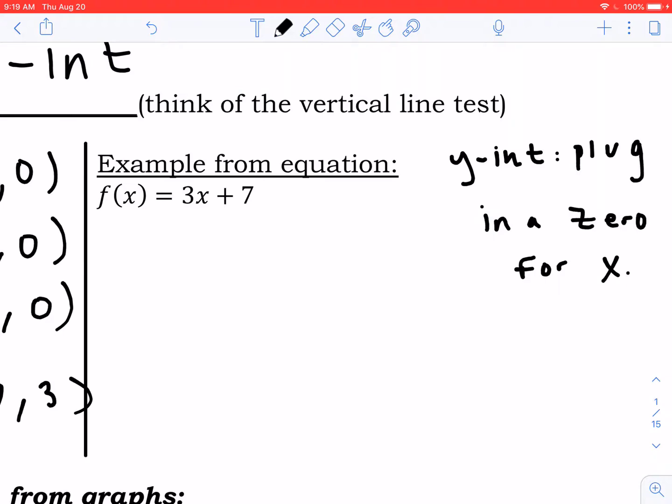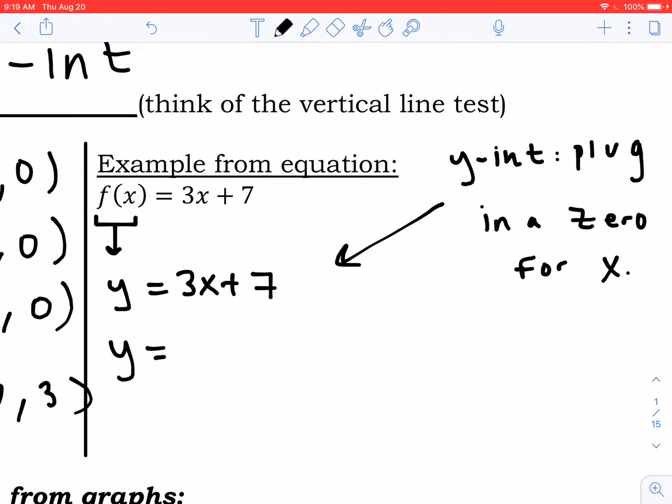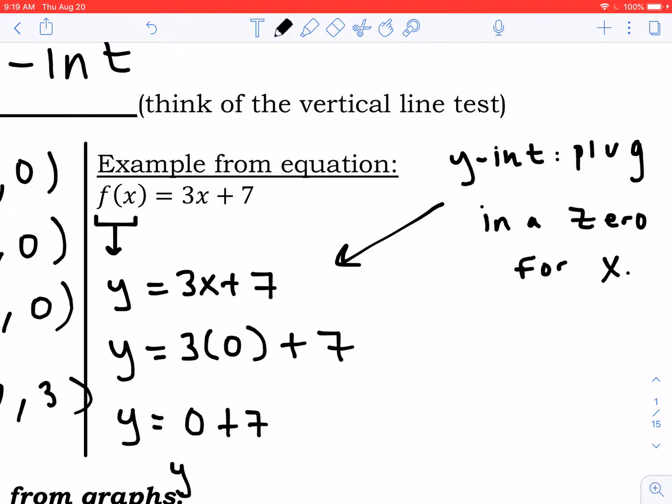If this is f of x, or a lot of times we'll write that as y equals 3x plus 7, if I'm trying to find the y-intercept, I'm going to plug in a 0 for every x. In this case, there's only one x. So we have 3 times x plus 7, or in this case 3 times 0 plus 7. So that's going to be 3 times 0, or 0, plus 7. That's just 7.